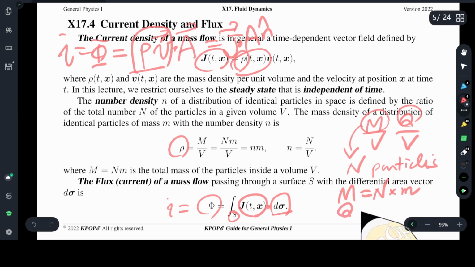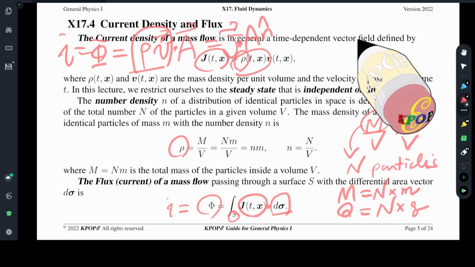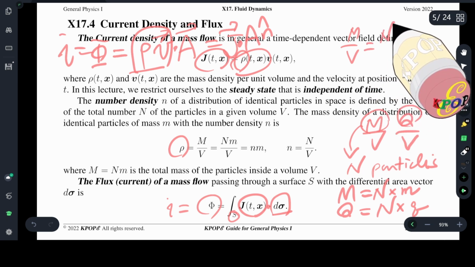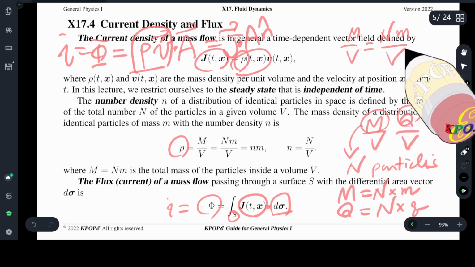For a charge consisting of n identical particles, each particle has a charge small q, so I can write it as such. I substitute them in here, m over v becomes the number of particles and single particle mass divided by volume.